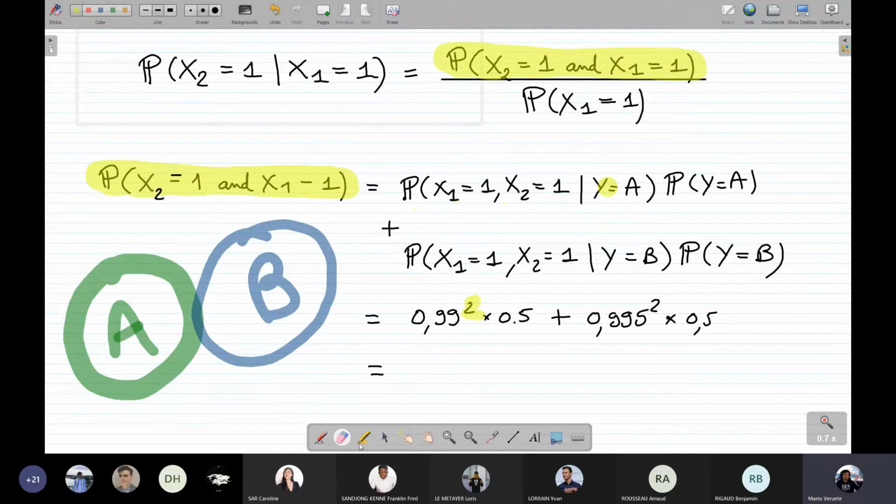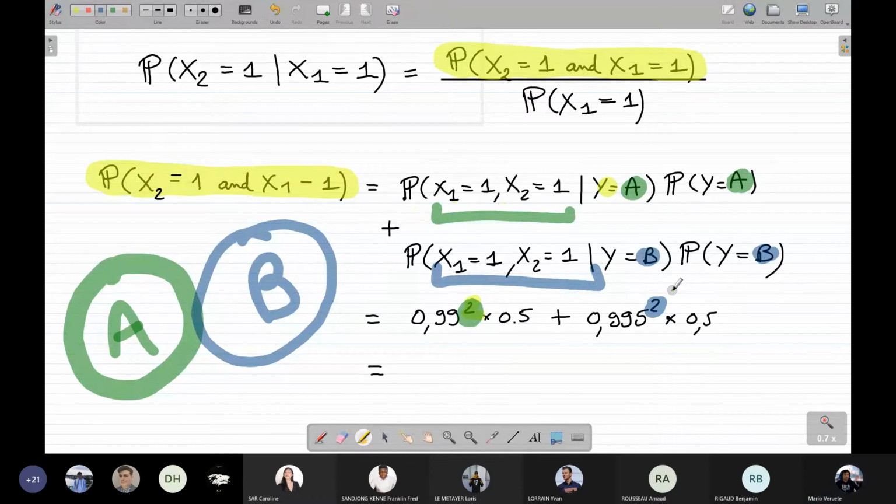Yeah, maybe with colors. This square 2 comes from the fact that you have two watches in A. And the other one, the blue one, this square here, comes from the fact that you have two watches in B.